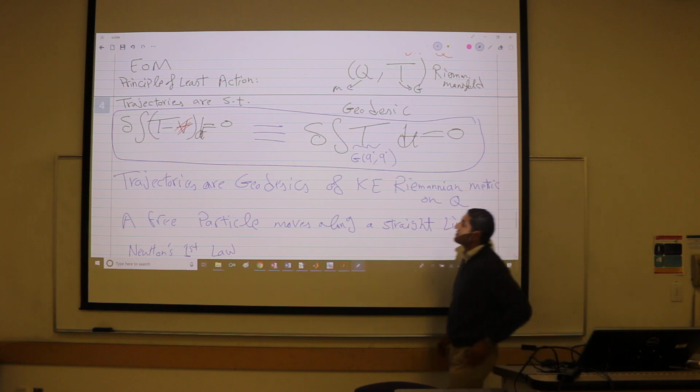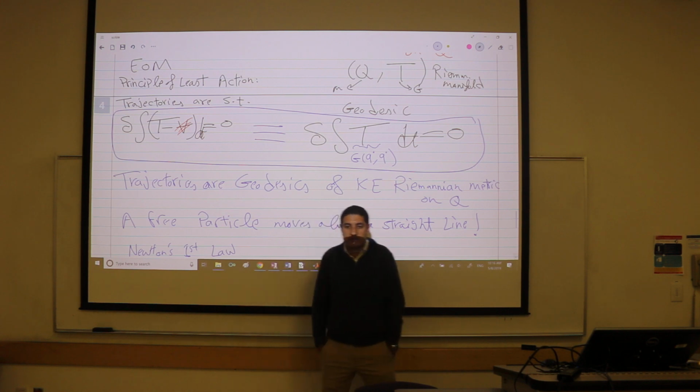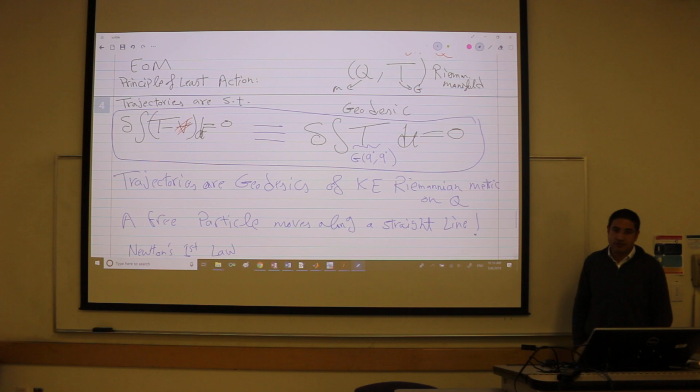If I can still write it in a Lagrangian perspective, like the Lorentz force. The Lorentz force is a non-conservative force, but I can still write it down in a Lagrangian framework. Then yes. So it depends on the type of the non-conservative force.